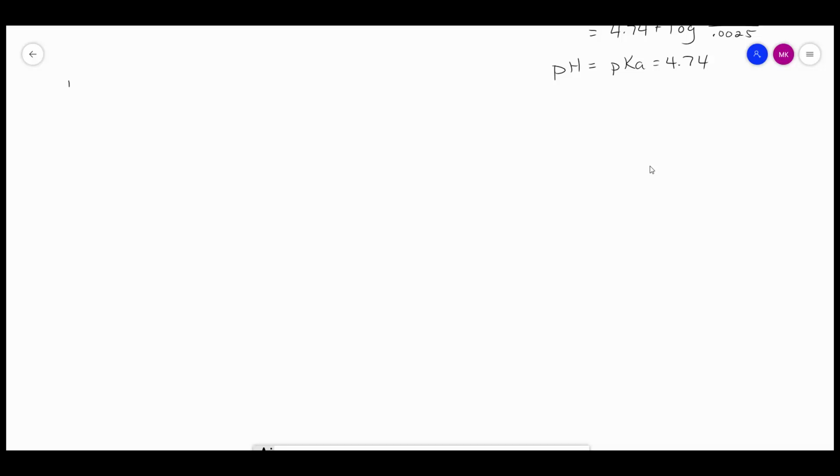So we have our HA, 50 milliliters of it, 0.1 molar. And now we're going to react it stoichiometrically. That means we're going to add exactly the same number of moles of OH minus. So we have 0.005 moles of our acid, and we're going to react it with 0.005 moles of our strong base.